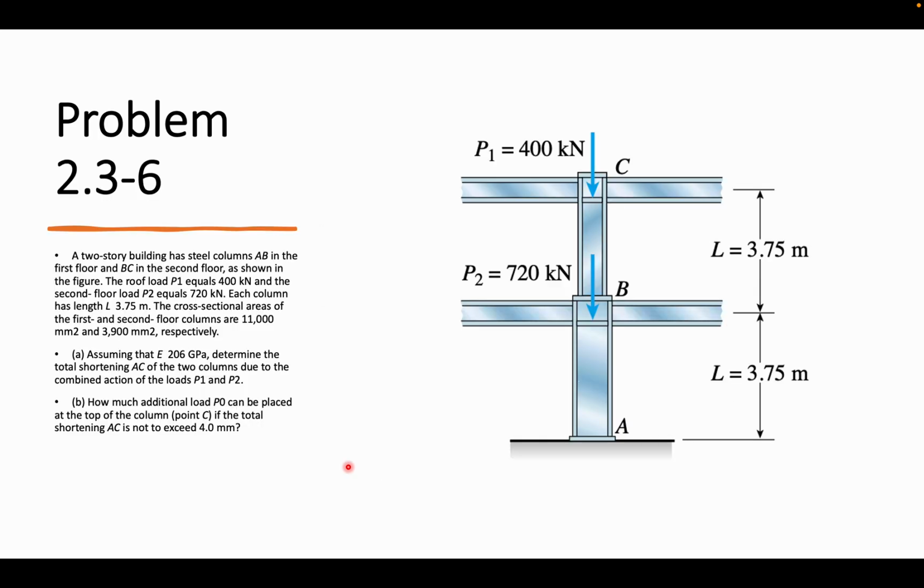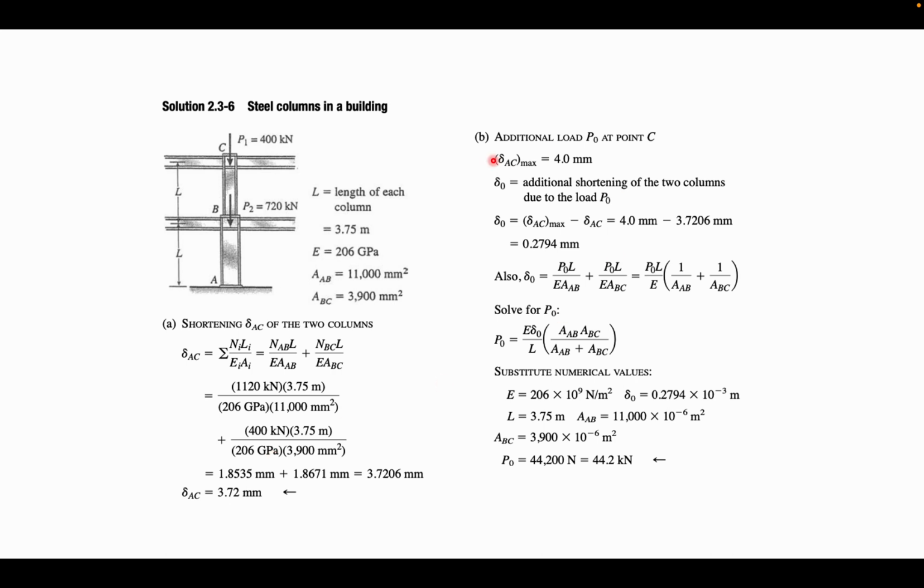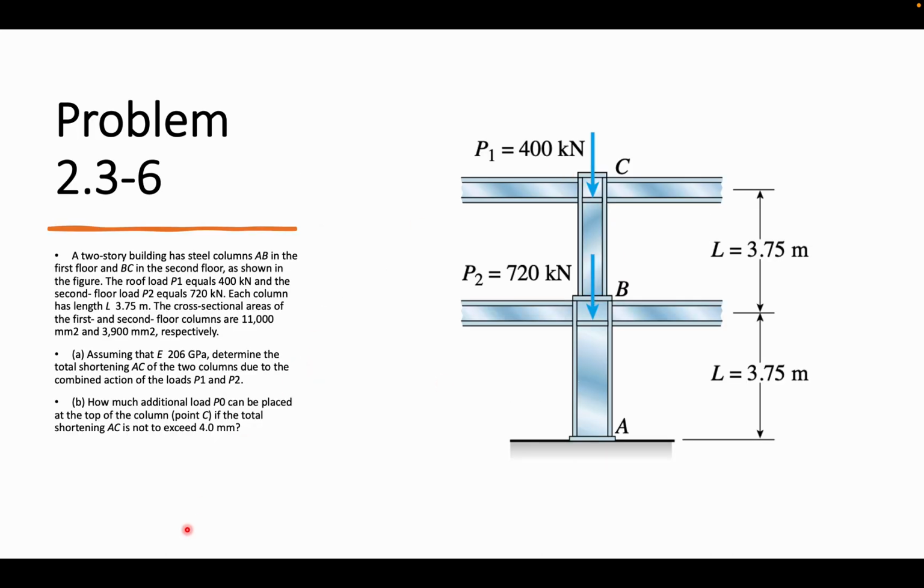Now in the second part the question is asking us how much additional load P0 can be placed at the top of the column, which is point C, if the total shortening AC is not to exceed 4 mm. So here we know that delta AC max is given as 4 mm, since the question has told us that the total shortening AC is not to exceed 4 mm.